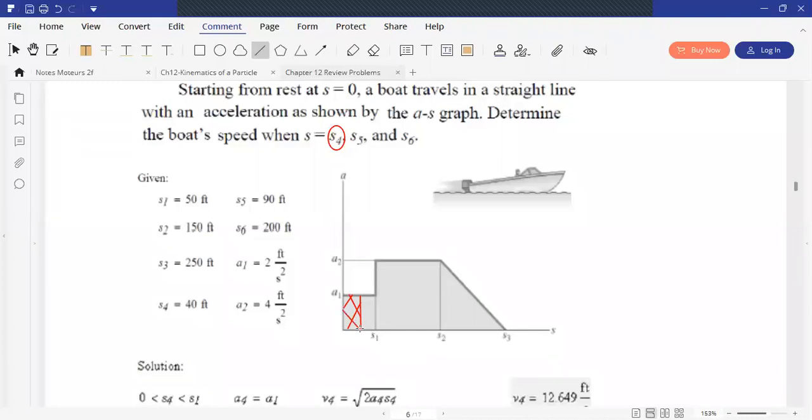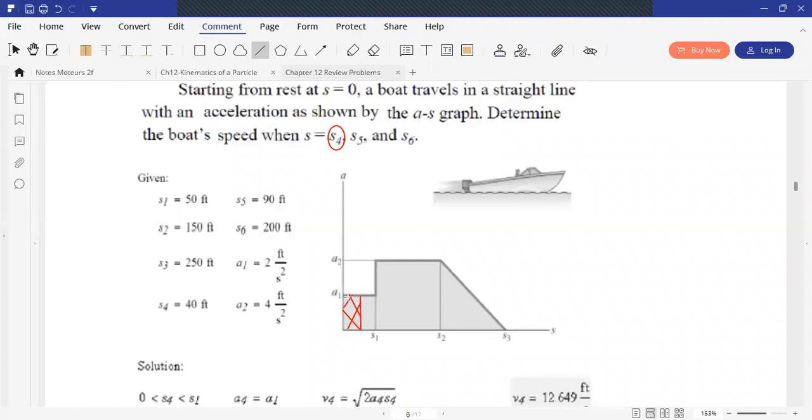So instead of doing integration, I can say that the integral of a ds is directly A1 times this distance, times S4 minus 0, because the distance from 0 to S4 is equal to S4.